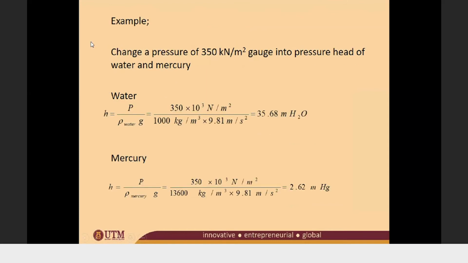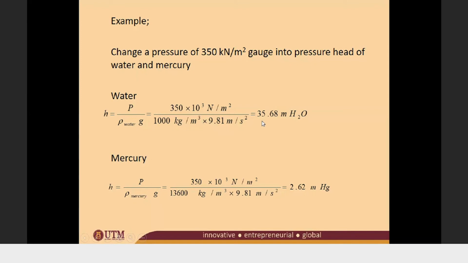Example, change the pressure of 350 kilonewton per square meter gauge into pressure head of water and mercury. Okay, so h is pressure divided by gamma. So the pressure is this, the density of the fluid is this, and g is this.